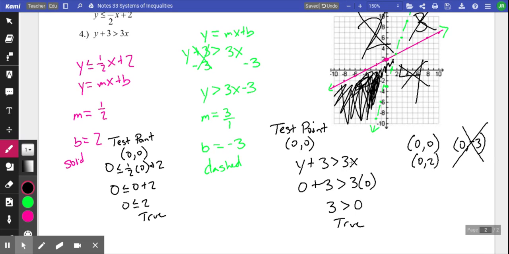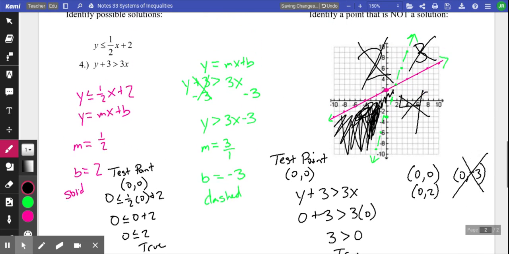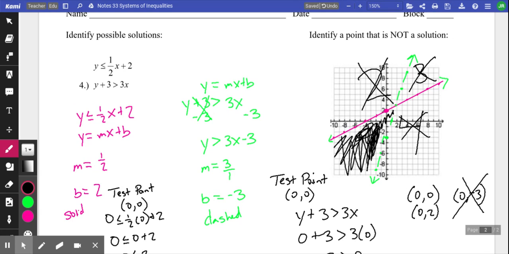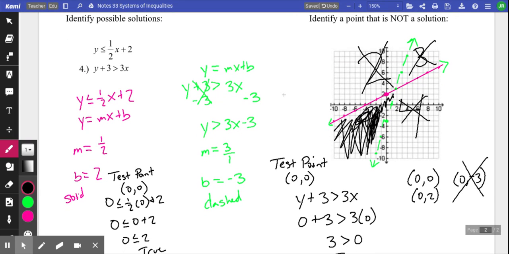All right, and there you have it. That is how you graph systems of inequalities. To see if it's a solution for both, it has to be true for both inequalities. So the easiest way for us to tell where all of our solutions lie is to graph the 2 lines that represent the boundary lines for our inequalities, and then see where the shaded region is.